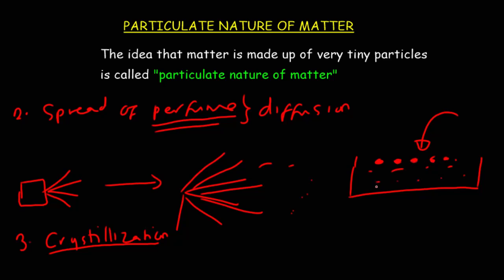So the very fact that the tiny particles of salt which we couldn't see in the seawater were able to come together to form the big solid, which is called crystal, shows that matter indeed contains very tiny particles which we can't see.